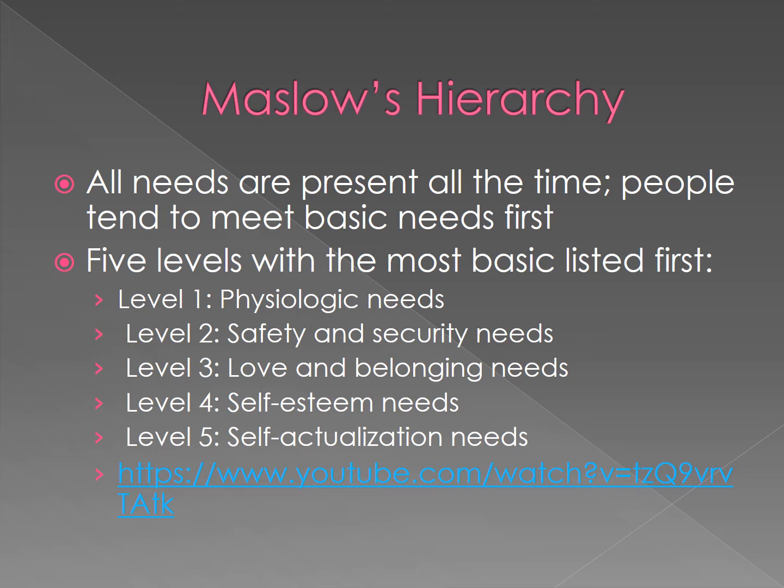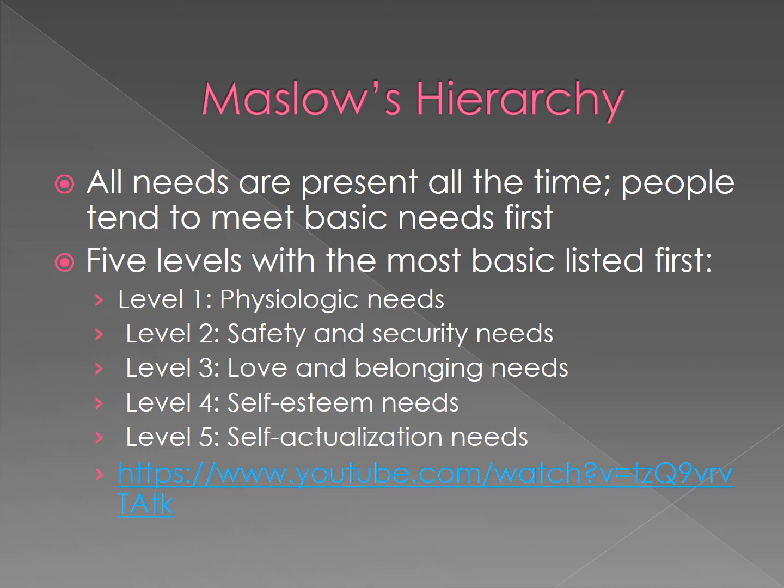So there are 5 basic need levels within Maslow's hierarchy of need, and all needs are present all the time, and people tend to meet the basic needs first before they go up the pyramid and try to meet the next level of needs. So at the most basic level, level 1, that is our physiologic needs, our need for water, food, shelter.